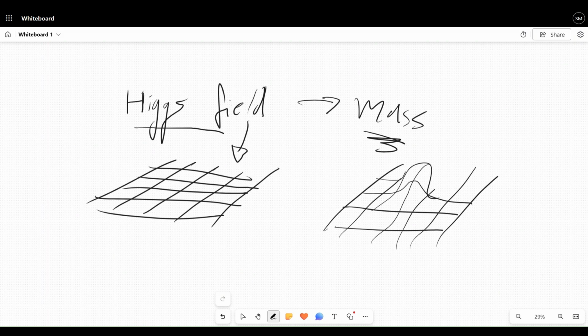I have my field, and in my field is a bump right here. So what is this? Well, according to physics, this bump is mass. So everything that has mass only has mass, or you're only detecting mass, because of this bump. In other words, when you're detecting mass, what you're actually detecting is a bump in the Higgs field.